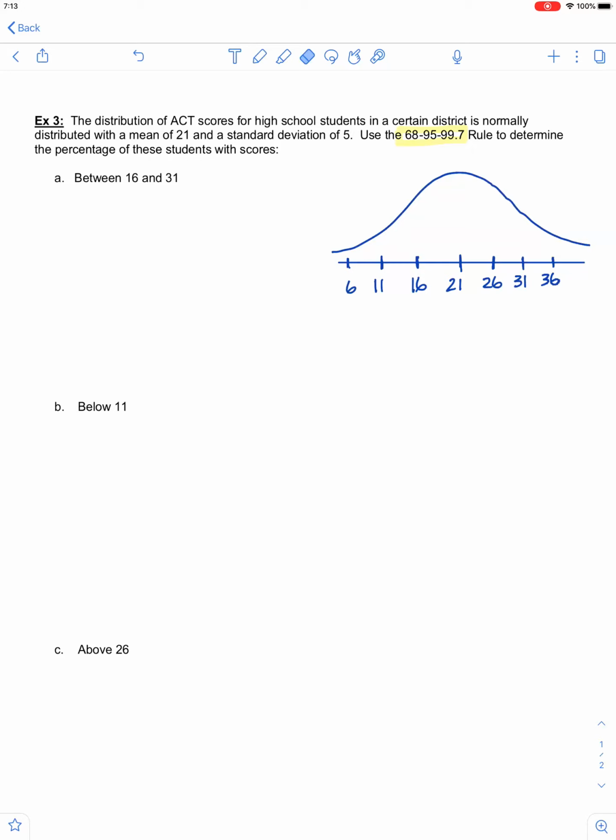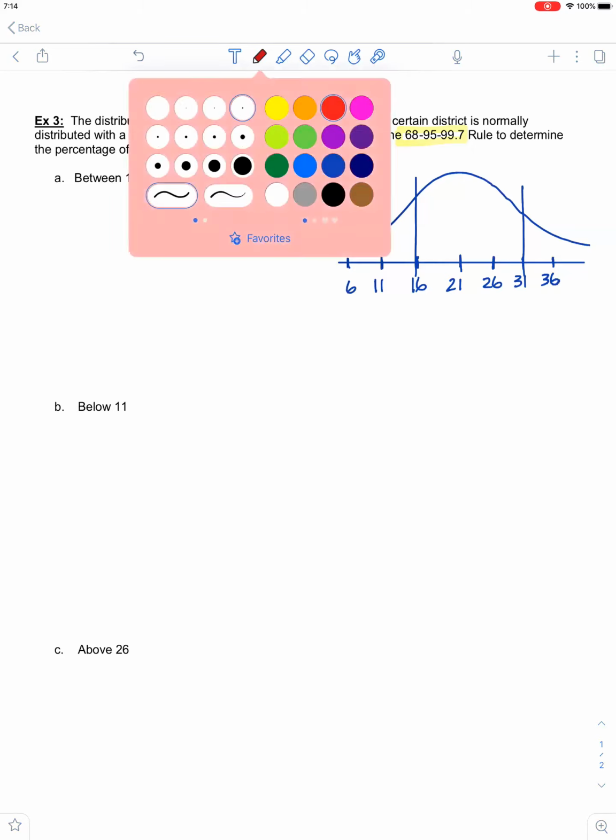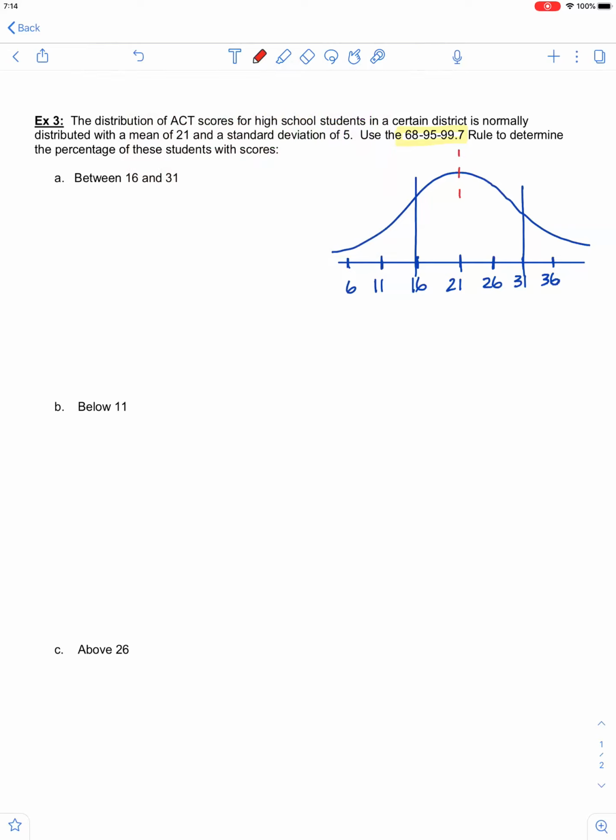So notice here in part A, it asks for the percentage of the students with scores between 16 and 31. So for that one, you're imagining 16 to 31. There's a few ways you could do this. The way I would probably do it is look at it and split this up at the mean.